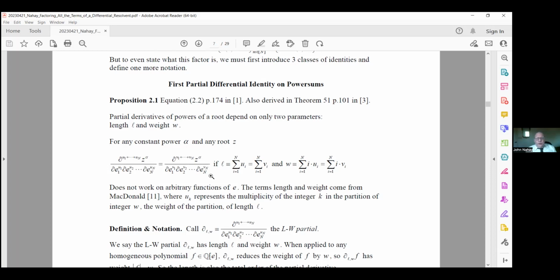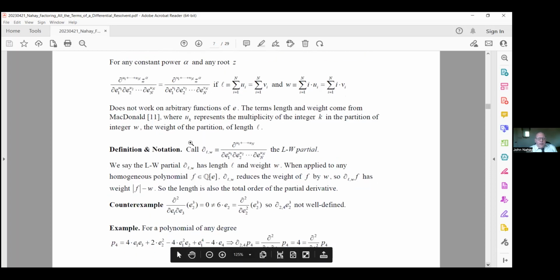It does not work on arbitrary functions of E, and the terms length and weight come from Macdonald, where the order of the derivative with respect to EK represents the multiplicity of the integer K in the partition of the integer W and length L. So we call this partial the LW partial.